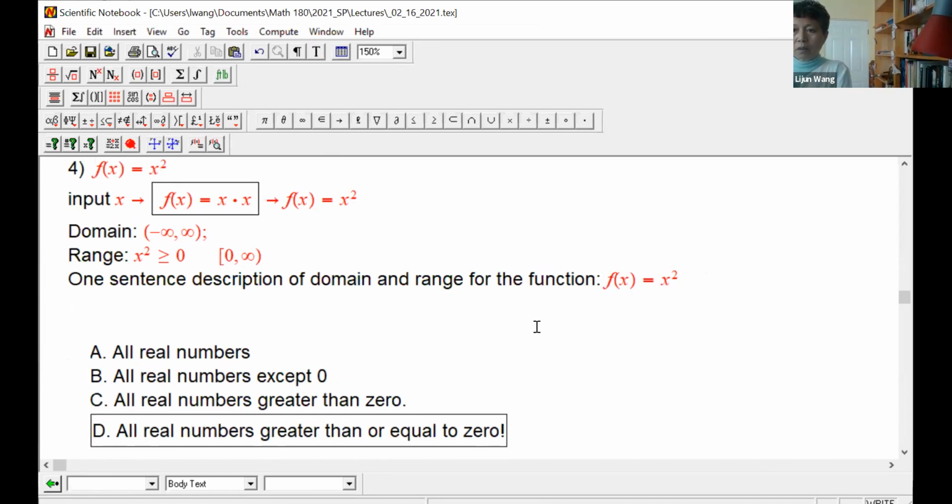So how do I combine these two sentences into one simple mathematical statement? It's x squared greater than or equal to 0. That's the one-sentence statement.